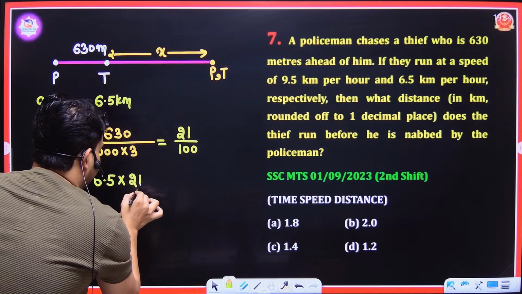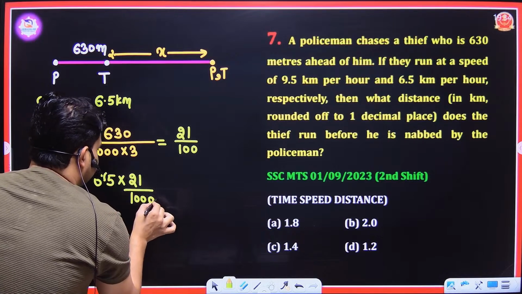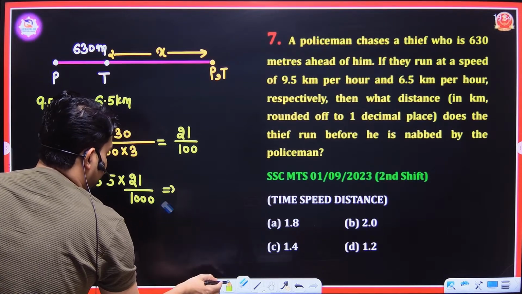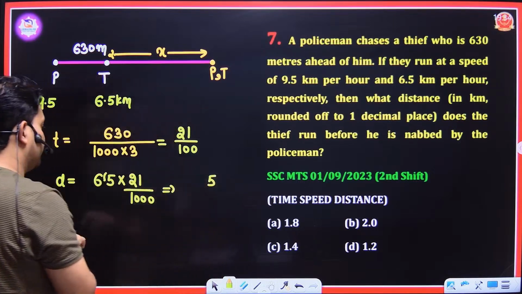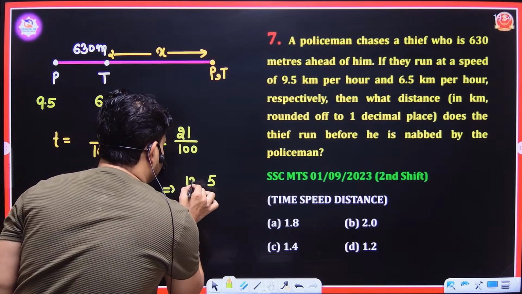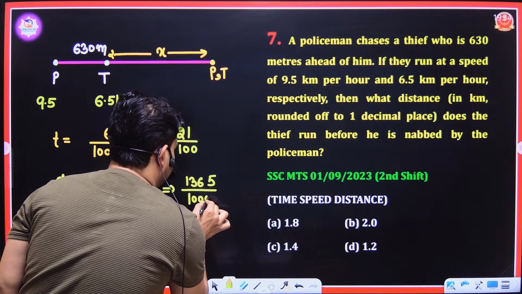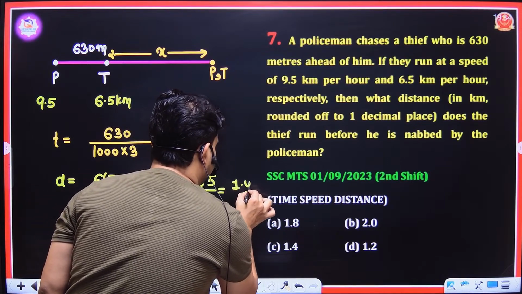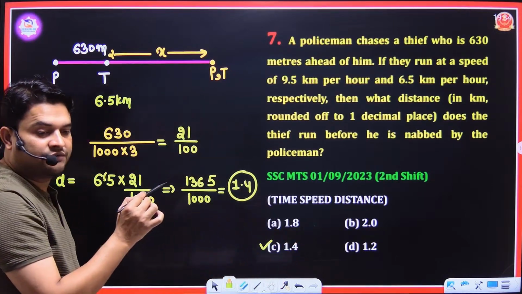If I remove this decimal, then I have another 0 here. 21 5 is 105. 21 6 is 126. 126 plus 10, 136. And we have 30 here. So it will be equal to 1.4. We have to calculate our answer nearest to a decimal. This one is the answer of this question.